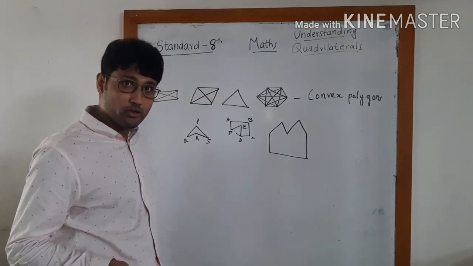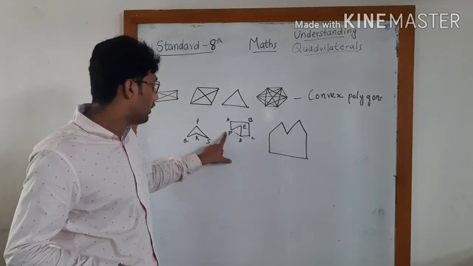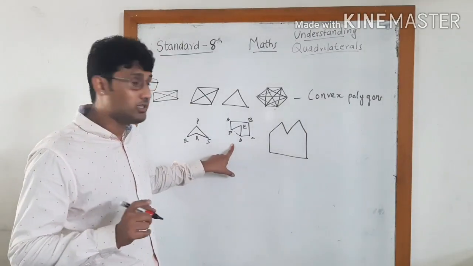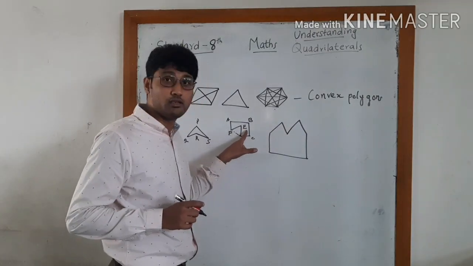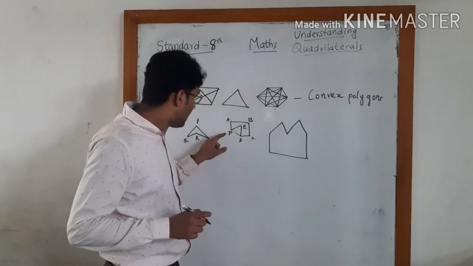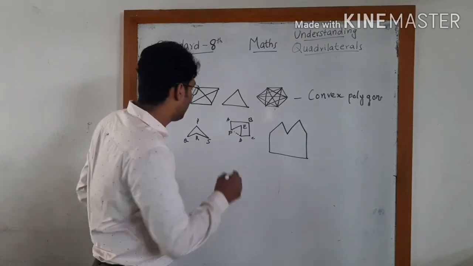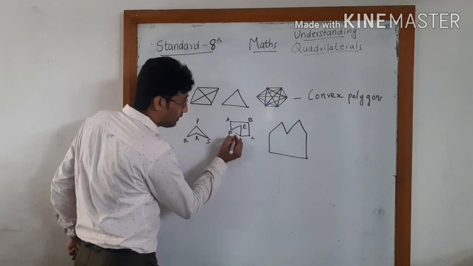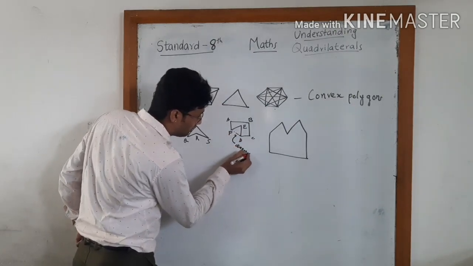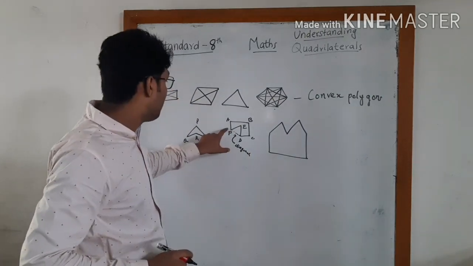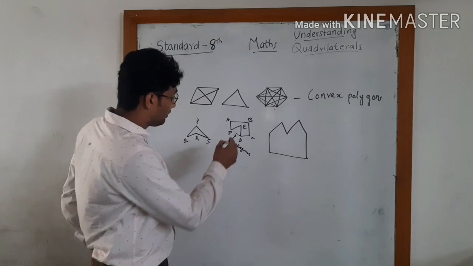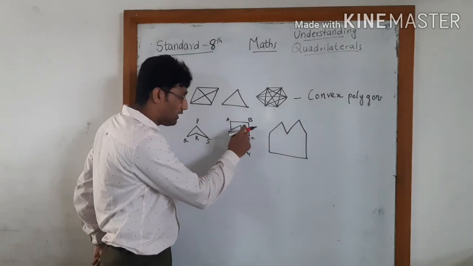Suppose I join FD. It is also a diagonal because it is joining two non-adjacent vertices. Why non-adjacent? Because we have E. F and E, D and E are adjacent. F and D are not adjacent. So if I join them, right, this is also a diagonal. But the points of the diagonal are outside the curve. See, these points, are they lying inside?